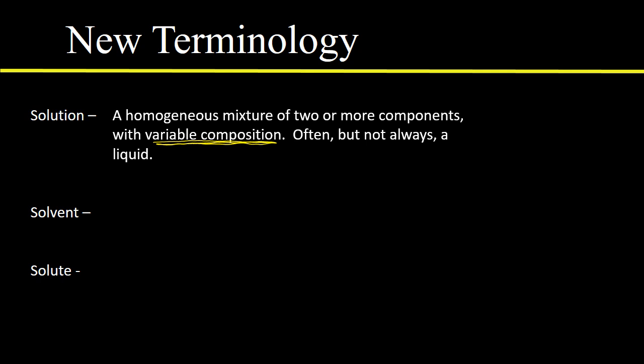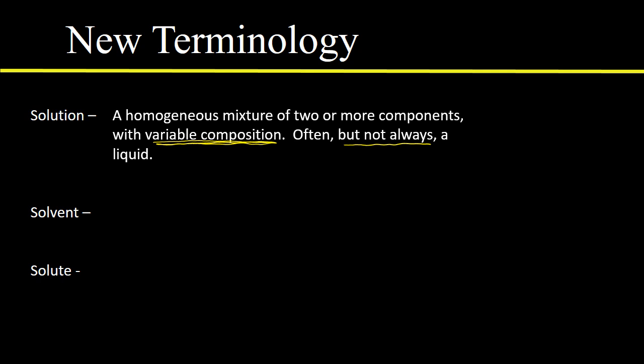So it's a homogeneous mixture of two or more components, and it's often, but not always, a liquid. When we think of a solution, we usually think of liquid solutions. Most of the solutions that we encounter in the lab are liquid solutions. Nearly all of the solutions you come across are going to be liquids.